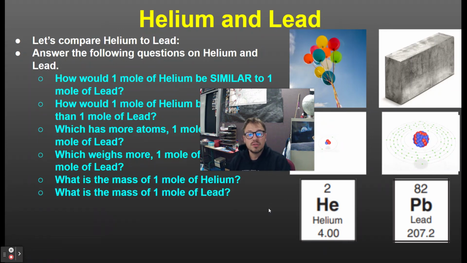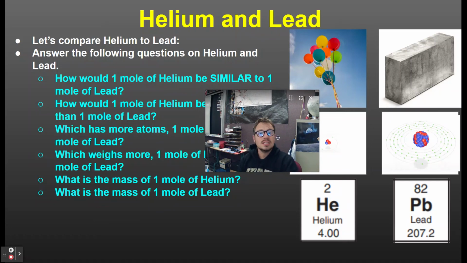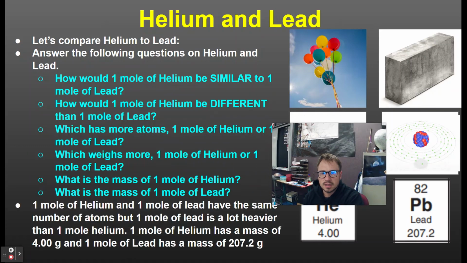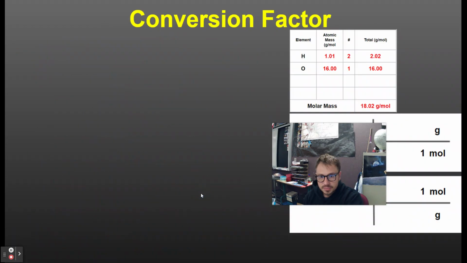Now, if I did the same thing for lead, counting all the way up to 6.02 times 10 to the 23rd, we would have this mass, 207.2 grams. So that's the same number of atoms, but notice 1 mole of helium is 4 grams and 1 mole of lead atoms is 207.2 grams. And here's the explanation down there.